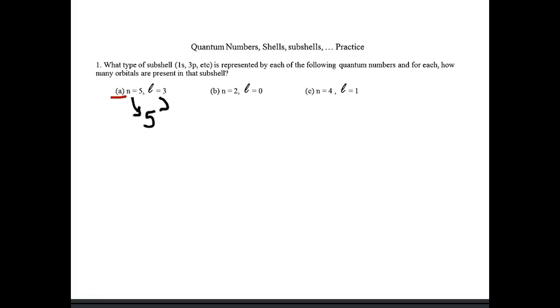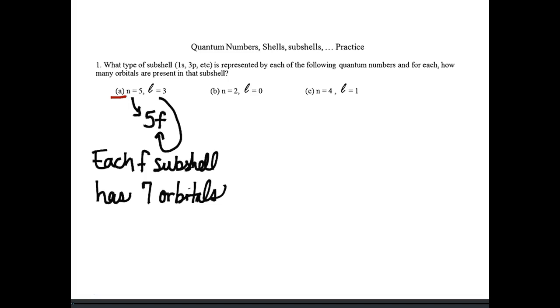And L is 3. For L of 3, that means it's an F subshell. So this is a 5F subshell. That's the answer to the first part. F subshells can have 7 orbitals. Any F subshell has 7 orbitals. That's the answer to the second part.